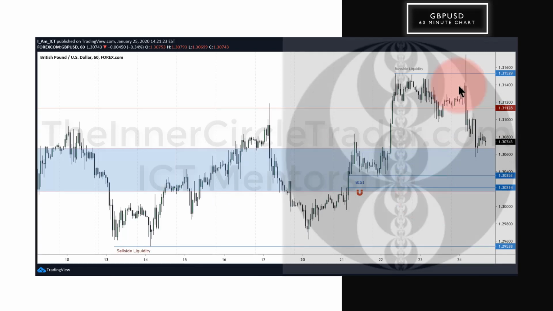Hourly chart, you can see we had buy side liquidity here, ran up on Friday, took that out. Imbalance here, buy side imbalance, sell side inefficiency in the form of BISI, fair value gap. Rebalance that back down to the top of the fair value gap that's defined on the daily chart. Right now, I believe the next draw is here. We have a buy side imbalance, sell side inefficiency, and it's also towards the low end of that fair value gap.